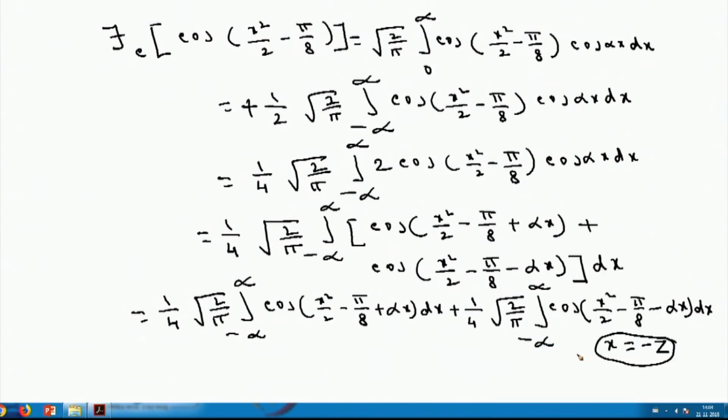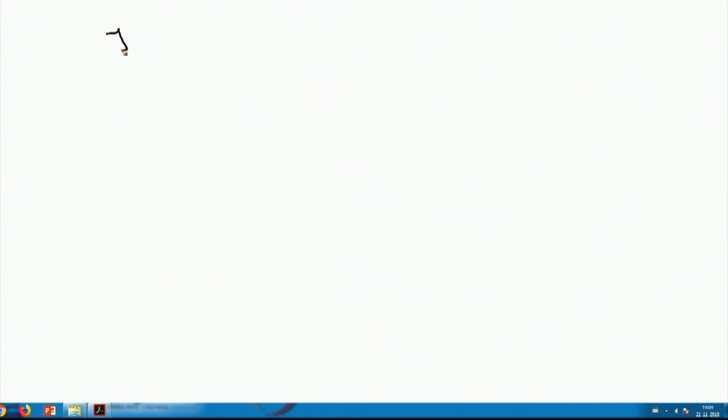So I am substituting x equals minus z over here, and once I substitute it, the second integral will become the first integral. So that you can write down the Fourier cosine transform of cos of x square by 2 minus pi by 8.